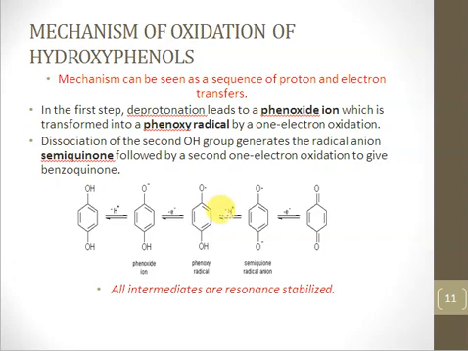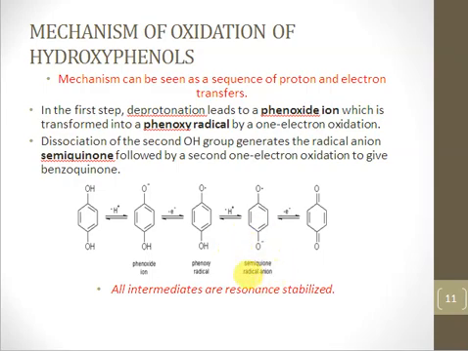The next step: this radical will be delocalized and there will be removal of a proton once again, right? When a phenoxy radical is formed, the next step is removal of a proton. So you can see this proton has been removed, and we get a negative charge again here.